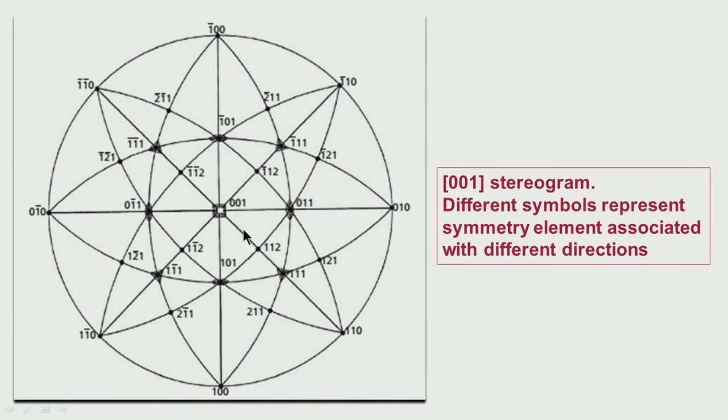Now if you look at this projection, 0 0 1 is at the center, because that is the point through which the north south axis passes. The 1 0 0 and 0 1 0 are 90 degrees away from it, because they are all going to lie on the primitive.